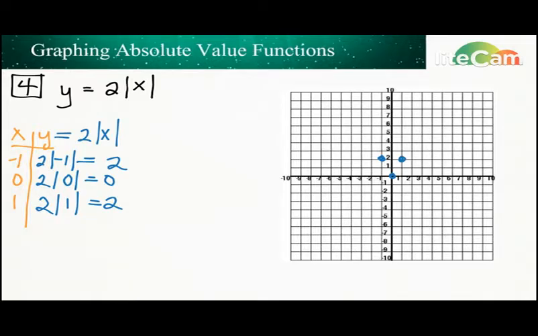And that's all we have to do because there's no translation. Now, if there was translation, we would go ahead and do that at the end like we were doing with the last one. Okay, but this time we just leave it as is and just show that the graph is now skinnier. Okay, let's try the next one.